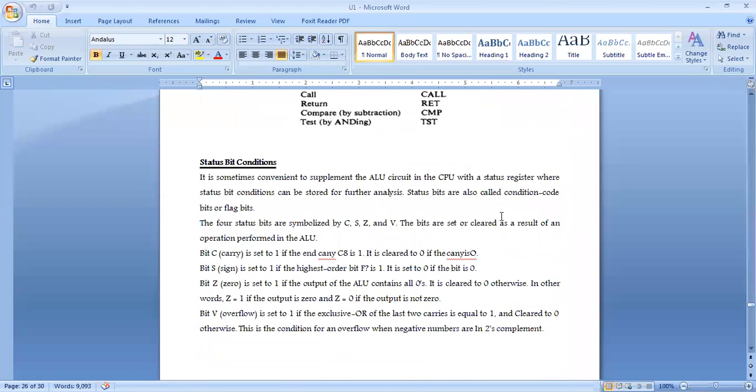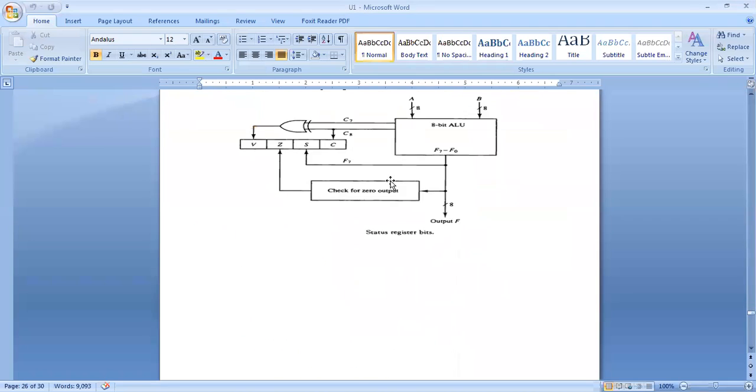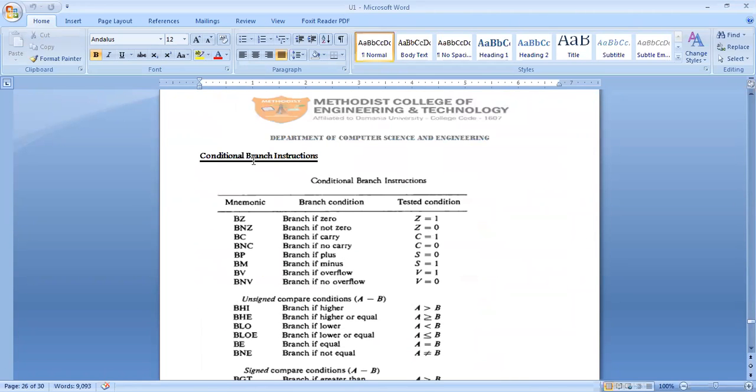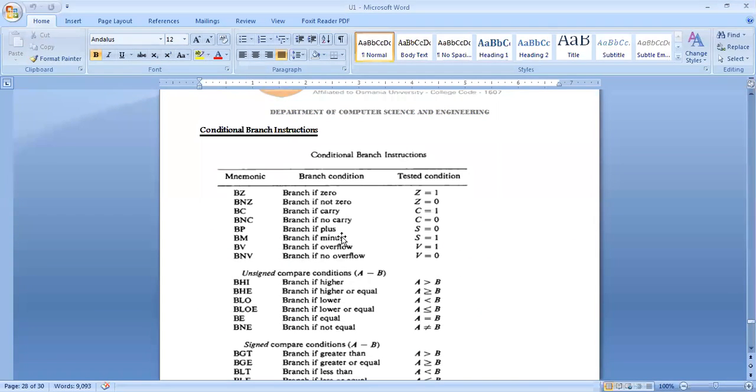Next, what are the status bit conditions that control conditional branch instructions? These are branch if zero, branch if not zero, branch if carry, branch if not carry, based on the four flags. What are the four flags in the basic computer?